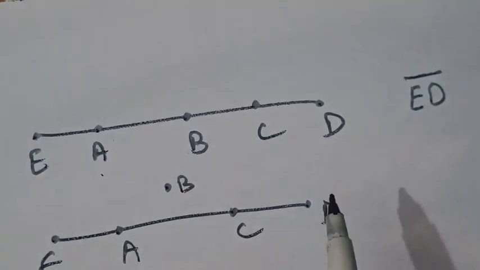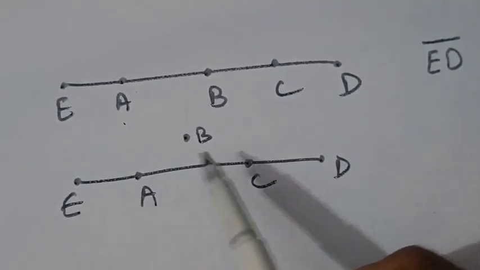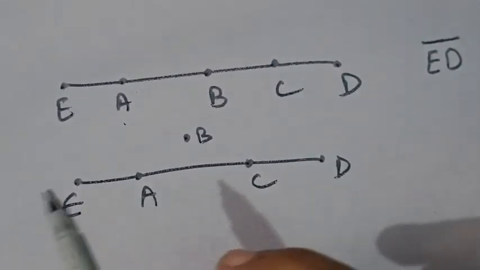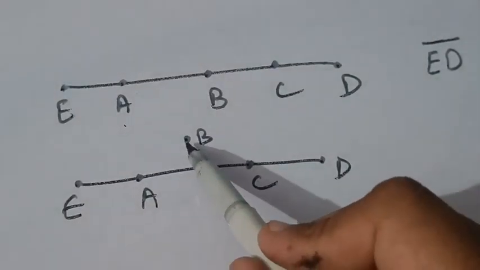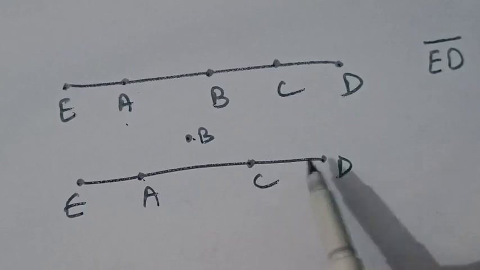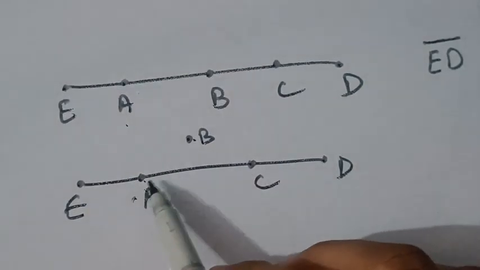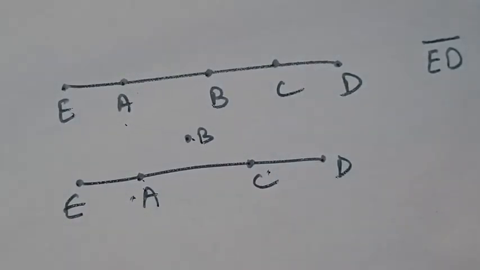But if any one point, two points, or all three points are out of the line, then they are called non-collinear. Here B makes the points A, B, C non-collinear.